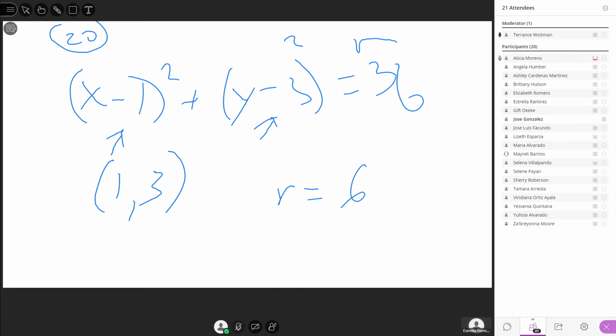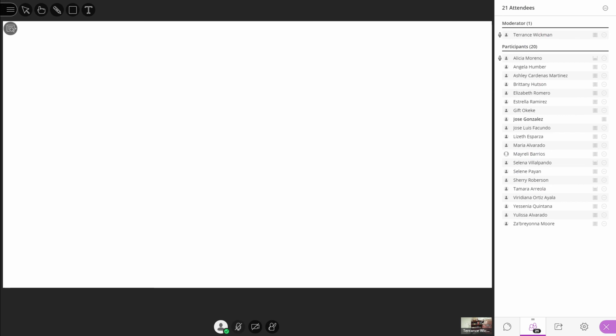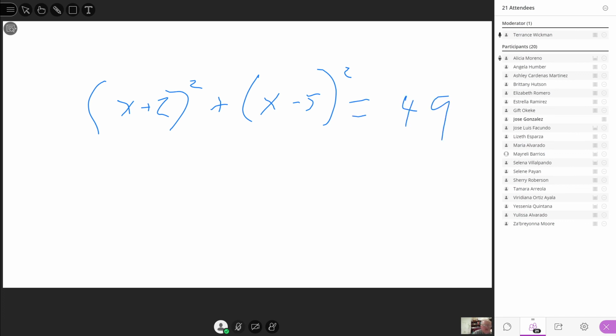So now let's make this better learning. Here's another one. I have (x plus 2) squared plus (y minus 5) squared equals 49. What is the center of this circle?